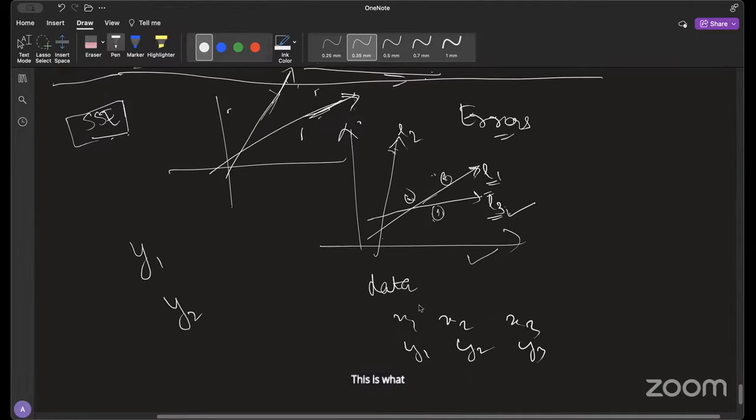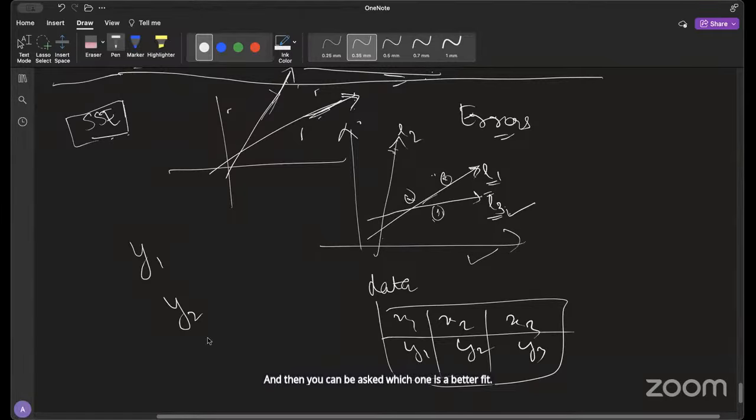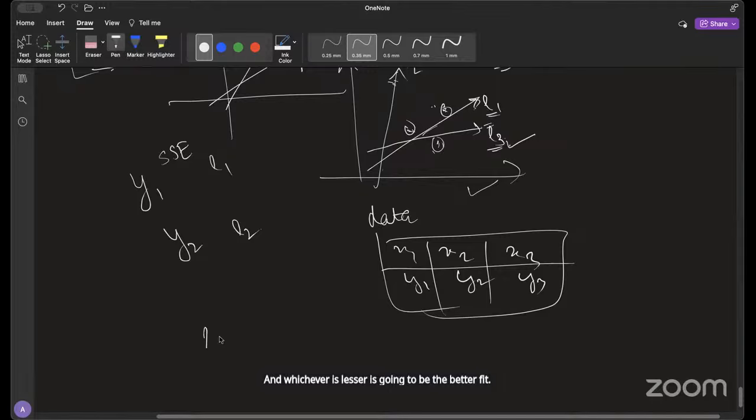Then you can be asked which one is a better fit. First you find the sum of squared errors for L1, then for L2, and whichever is lesser is the better fit. Yes, y1 and y2 are the equations of the lines.